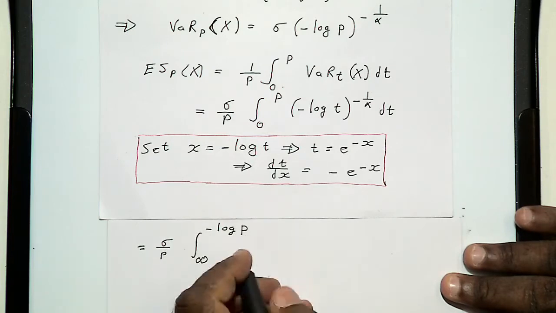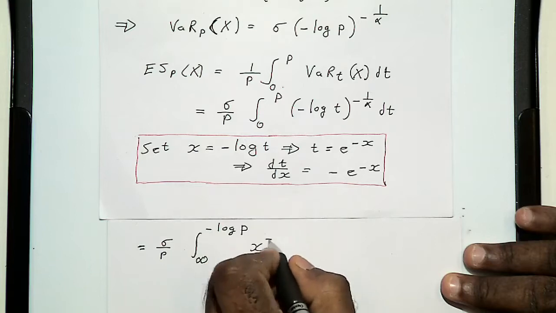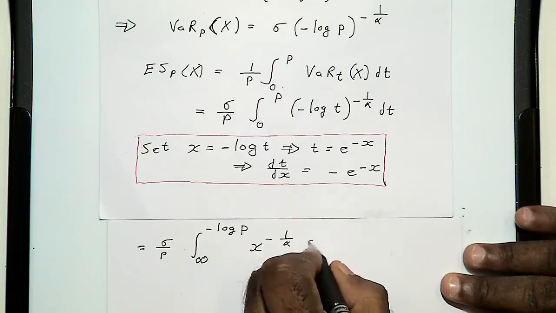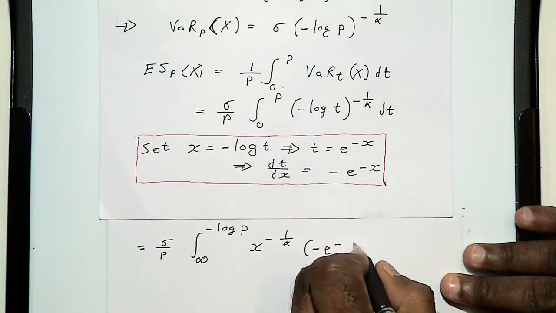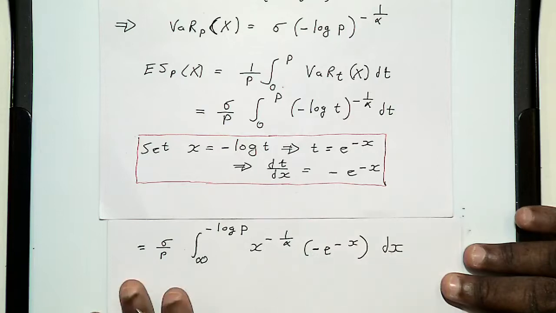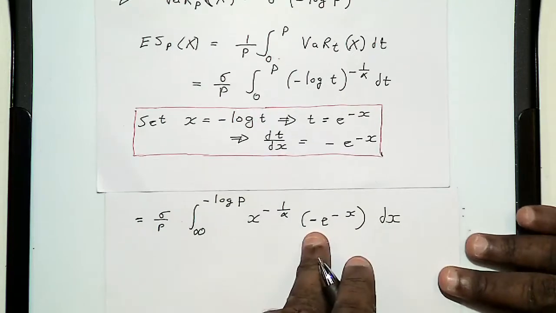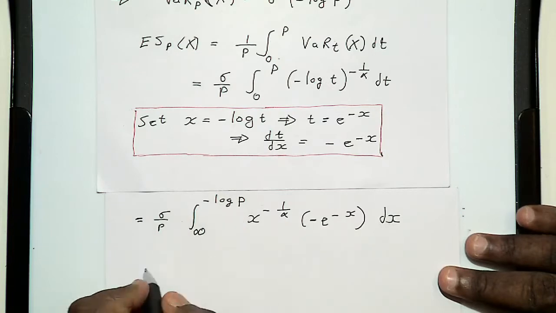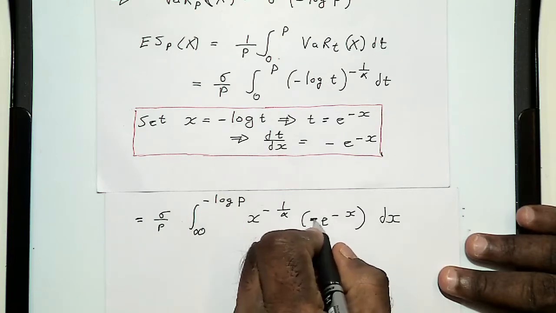Alright, so this will become x. Now this minus sign here, I'm going to use to switch the limits.